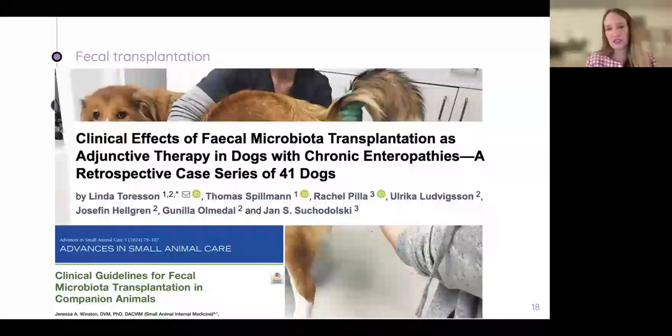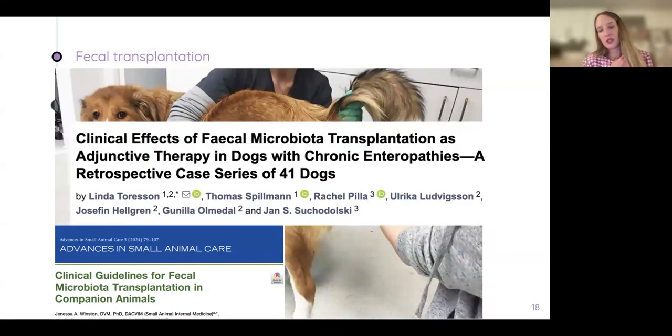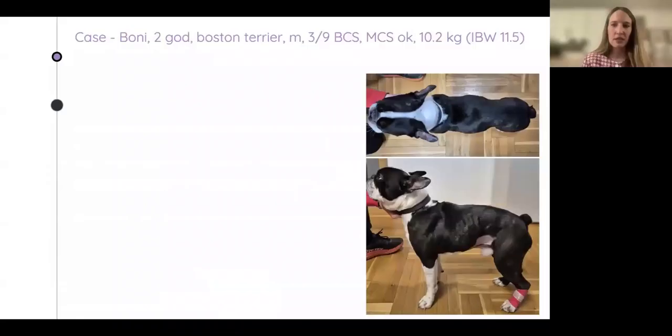So it was more than 50% of those dogs that were considered to be non-responders. They responded to this FMT therapy, and they improved. So this is also something to have in mind.